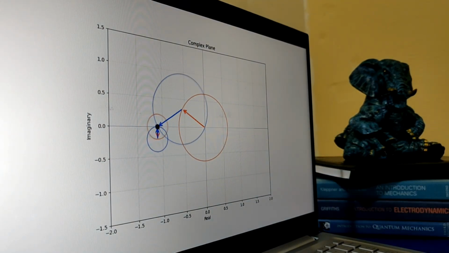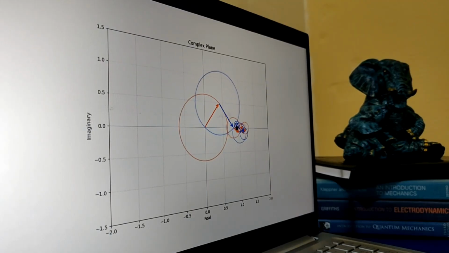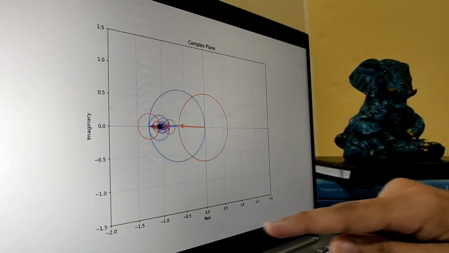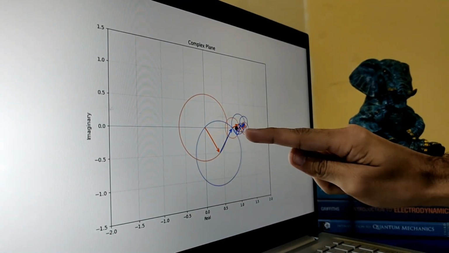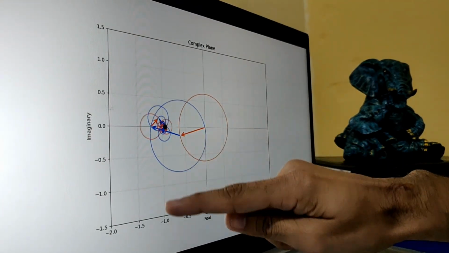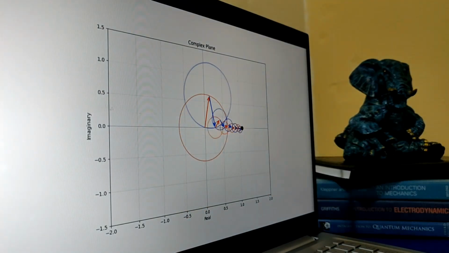And if I add 10 vectors together now, this is how they go crazy. They go nuts. And notice this black dot wants to stay near 1 half of the time, and half of the time it wants to stay near minus 1.